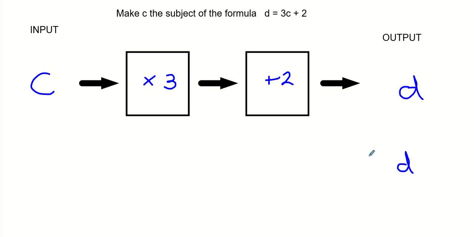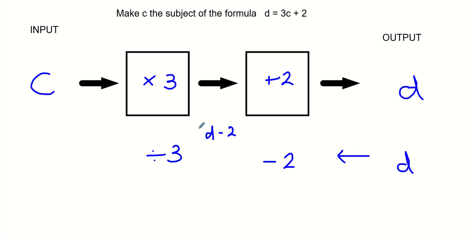So going backwards through this, the first thing that happens to the d is the opposite of plus 2, which is minus 2. So d is going to have a minus 2 applied to it. After we've done that calculation, we need to do the opposite of multiply by 3, which is divide by 3.